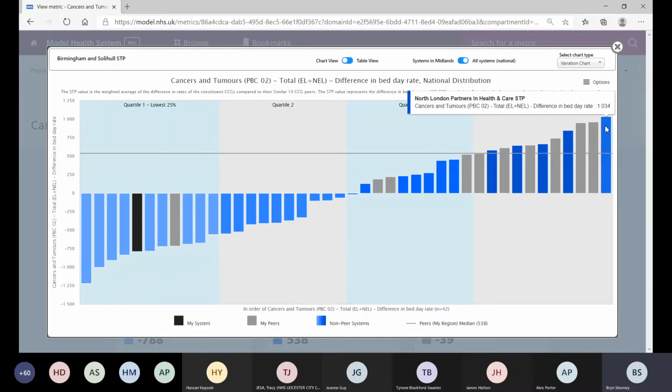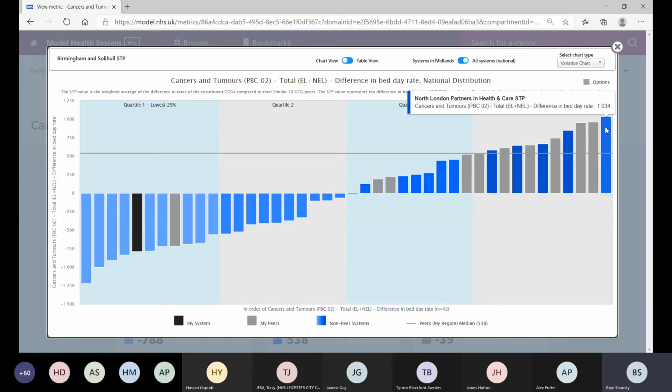Over on the right-hand side, we've got North London Partners in Health and Care STP. This takes their constituent CCGs, their age-sex standardised rate of admissions per 100,000 population, and then compares that to their 10 most demographically similar CCGs. And then the difference in that rate, whether positive or negative, is aggregated up.